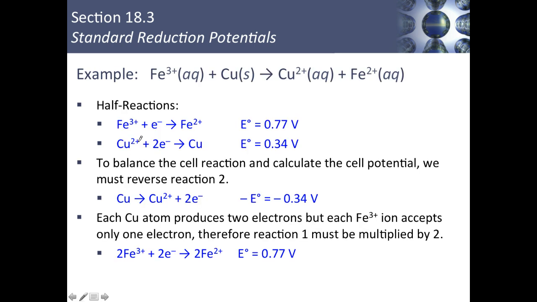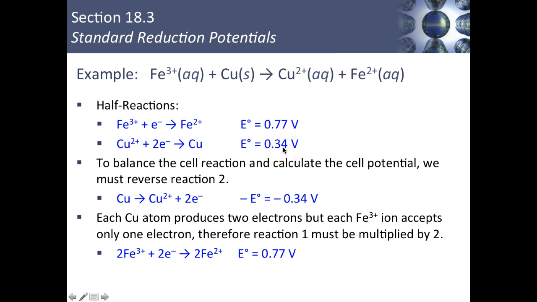Now, let's look at this example. Overall this reaction is given to us, and we can all see the process that's happening. If we use our half reactions, our reduction potentials, these are the values that are provided for us. Okay, for the reduction of iron 3 to iron 2, we give off 0.77 volts, and from copper 2 to copper metal, 0.34 volts.